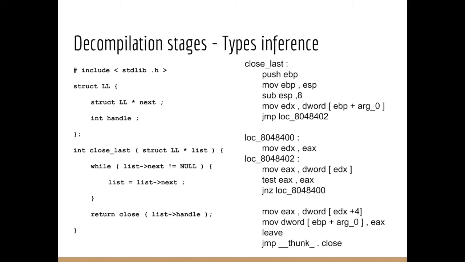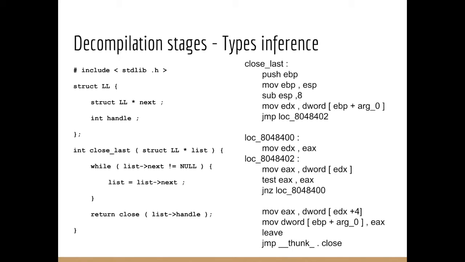Type inference will find out the function's accesses to these variables by parsing access by offset, and it will configure the types.